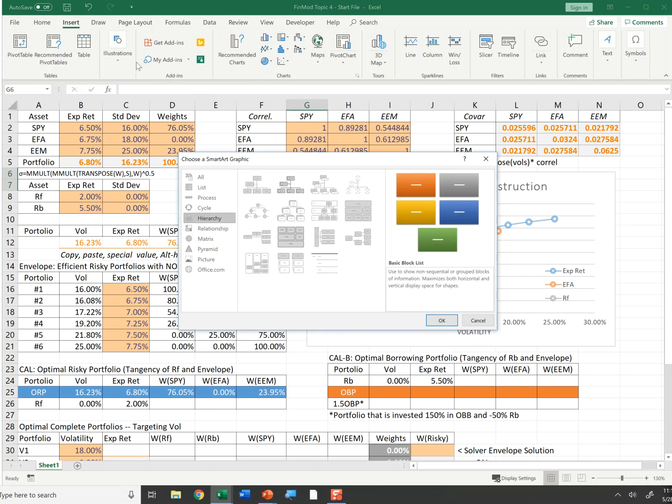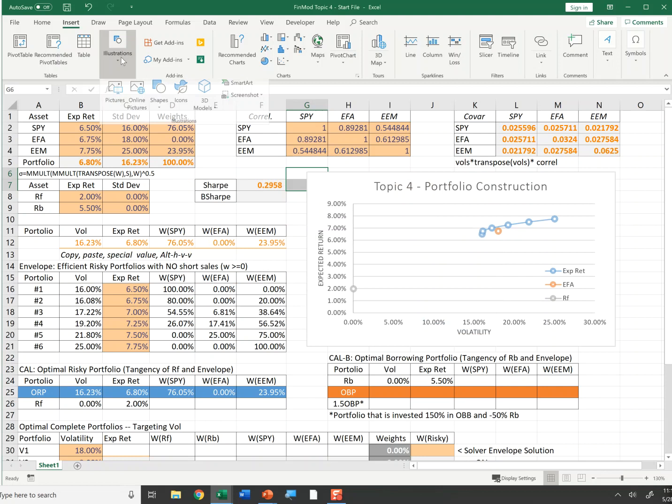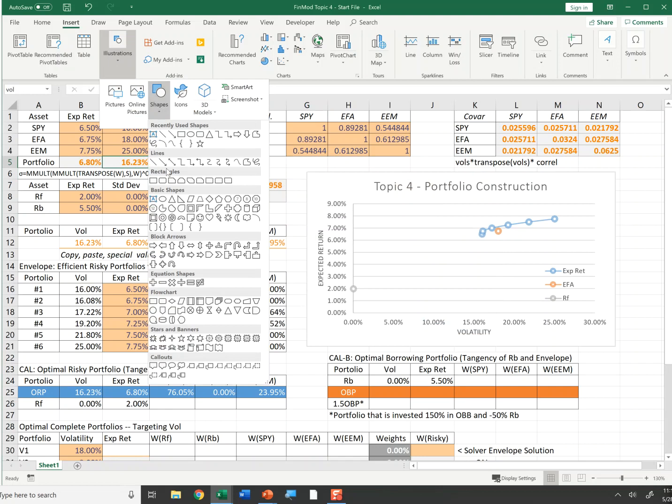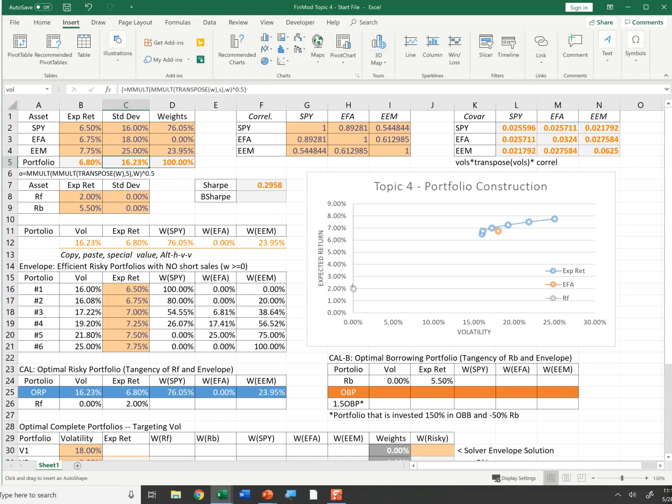Oh, there it is under shapes. So I'm just going to draw this for a few minutes here. What I'm really trying to do is this is my risk-free rate of return, 2%. And I want to combine it with one of these six portfolios. Actually, any portfolio that would plot along this envelope.